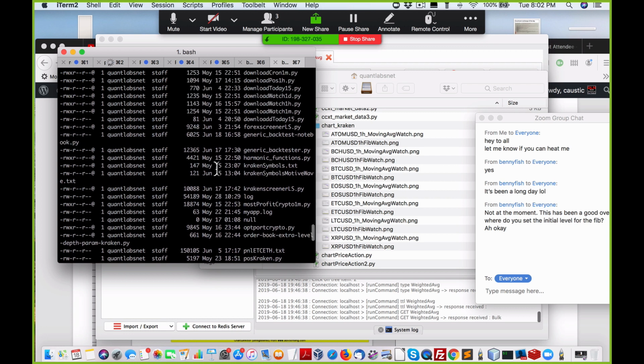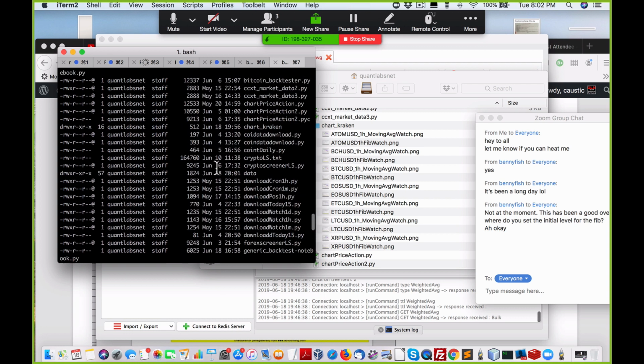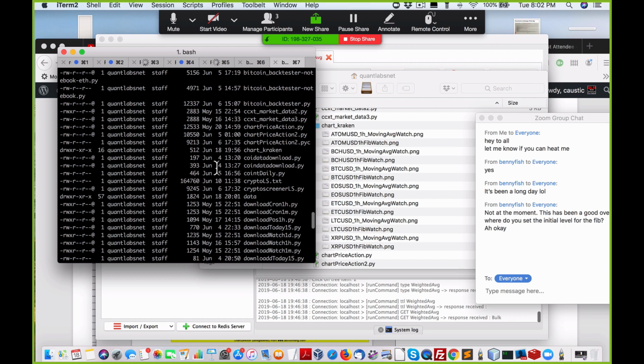But usually, I don't know if you remember, I showed you the rank file where you could get all the data for momentum and all the statistical information. You can use that to confirm direction on the pricing on the Fibonacci levels.